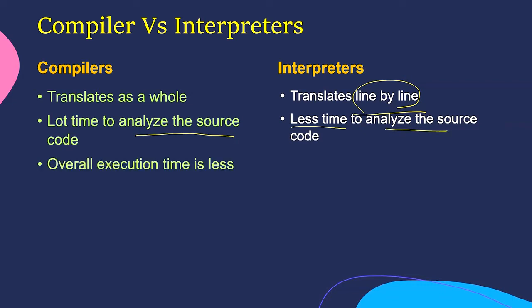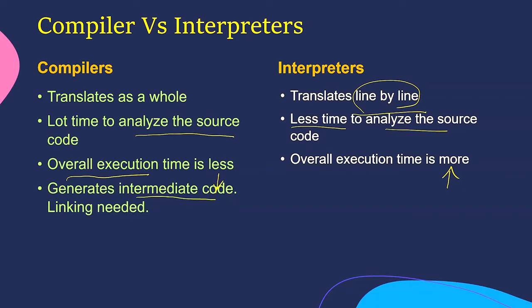Since compiler takes a lot of time to analyze the source code, the overall execution time is less, whereas the interpreter takes very less time to analyze the source code, but the overall execution time is more.